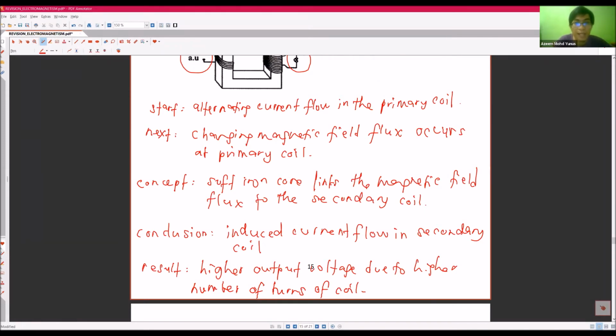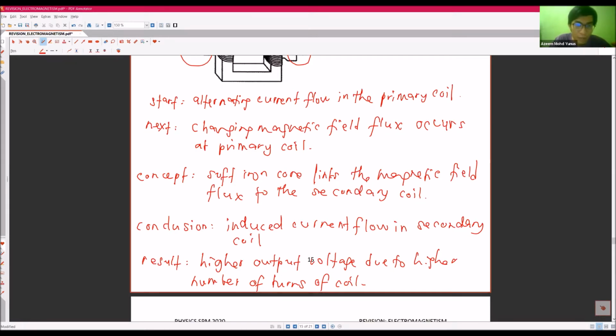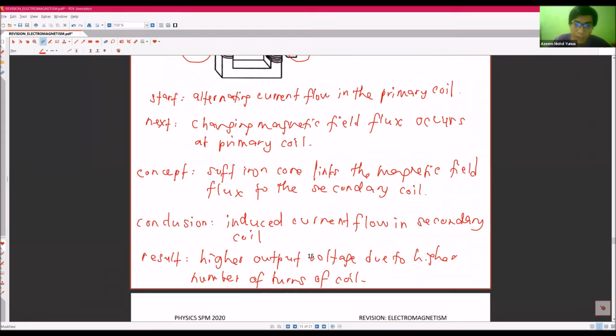Faraday's law states that the magnitude of induced current is directly proportional to the rate of cutting magnetic field flux, or rate of change of magnetic field flux. So basically, these are the 5 basic points for explaining the working principle of transformer. But in this case, we specify the transformer to be step-up transformer.